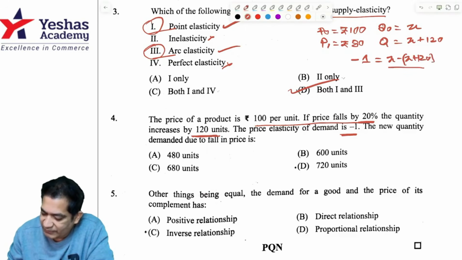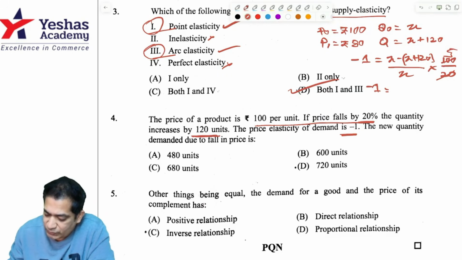Q0 minus Q1 divided by Q0, that is X, into P0, that is 100, divided by P0 minus P1, that is 100 minus 80, that is 20. So can I write 100 by 20 is 5 times. So this will go 5 times.